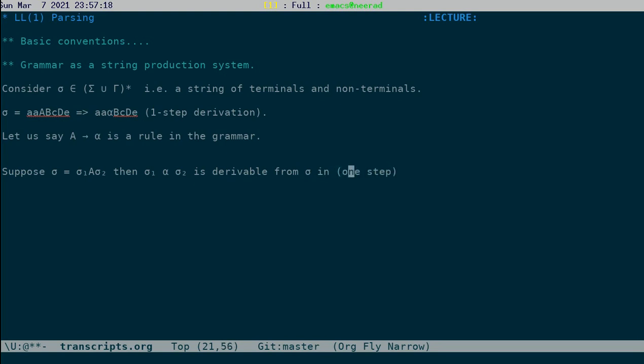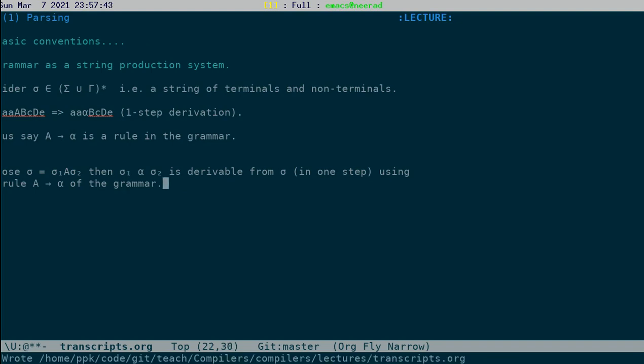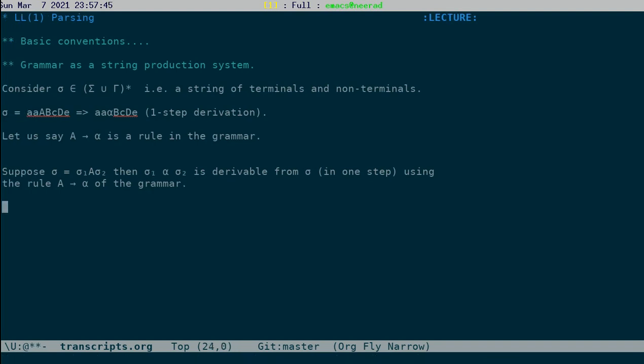Okay, so this is one step derivation using the rule A to alpha of the grammar. Okay, so we might just suppress all these things. We might say that from sigma you go to this new string. Okay. And you can do it in multiple steps.